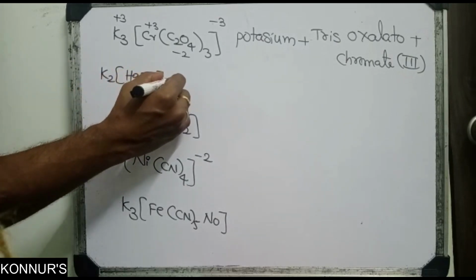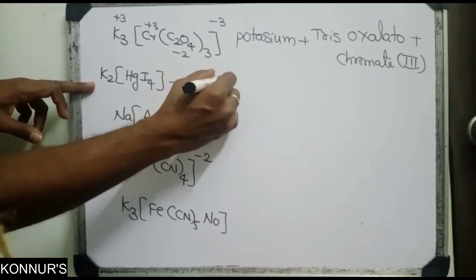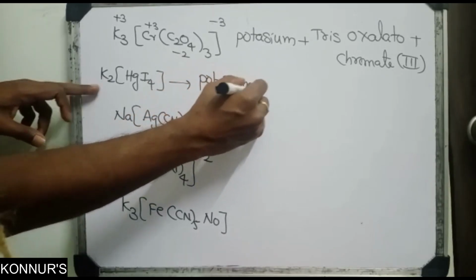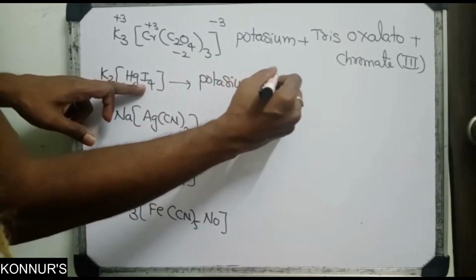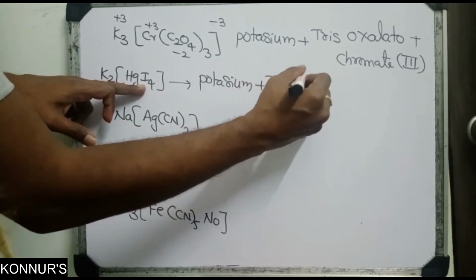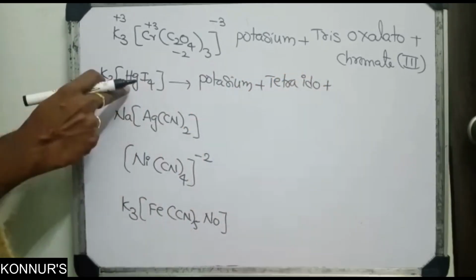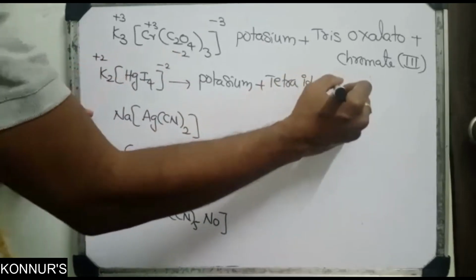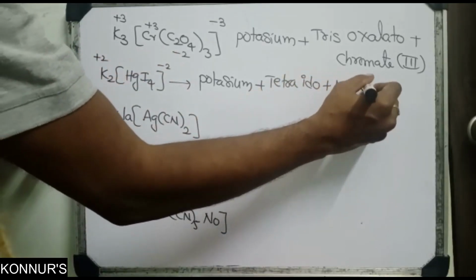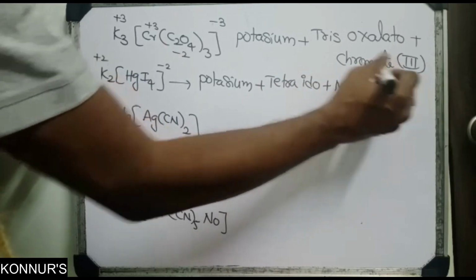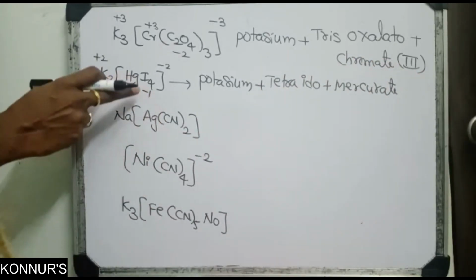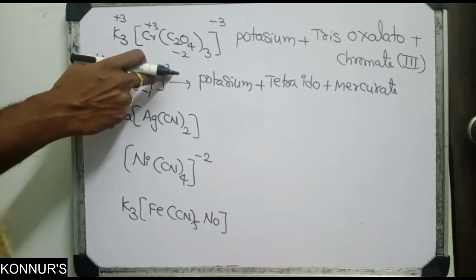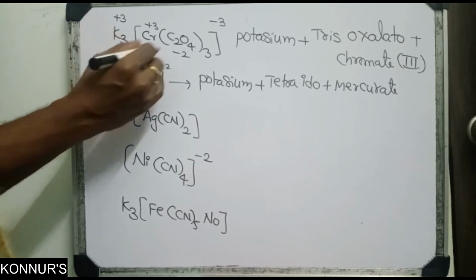Next, this is Nessler's reagent, K2HgI4. So here, potassium tetraiodo mercury. Outside plus 2, here minus 2. So that is mercurate. Next, in 4 negatives inside, outside 2 negatives. So it is plus 2.